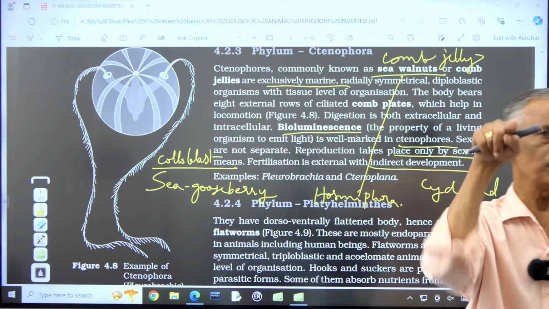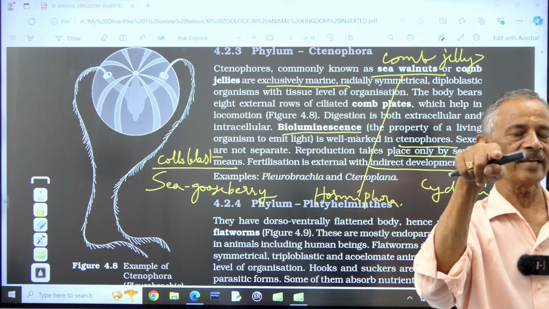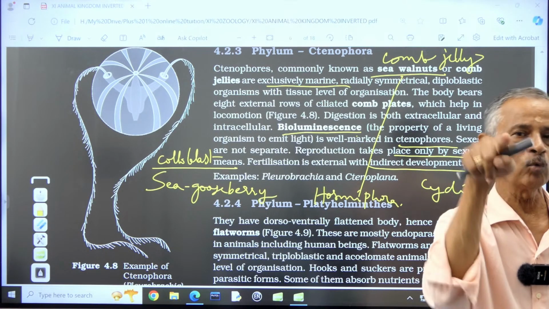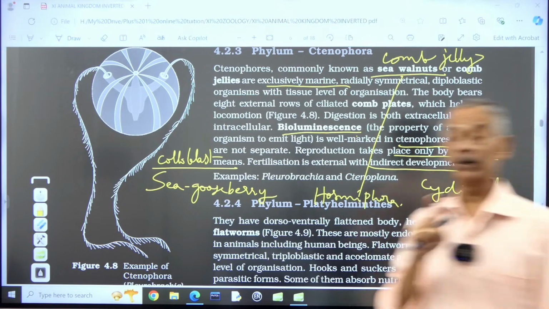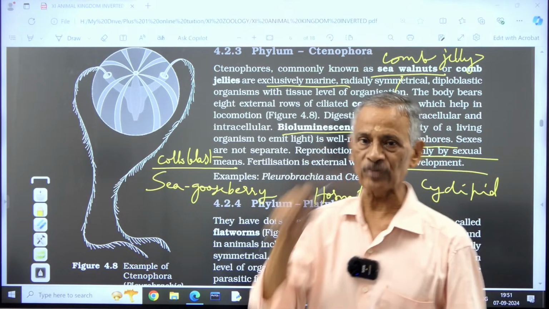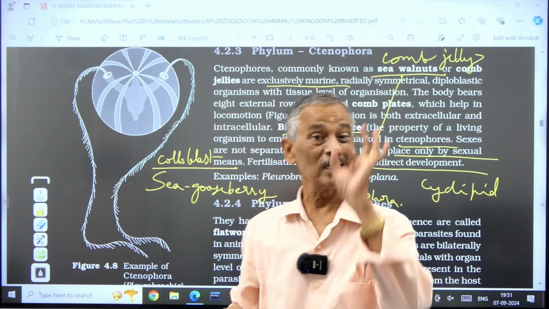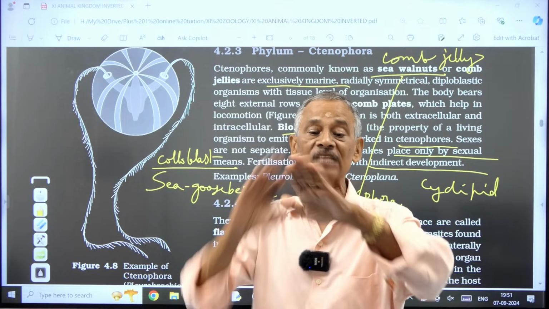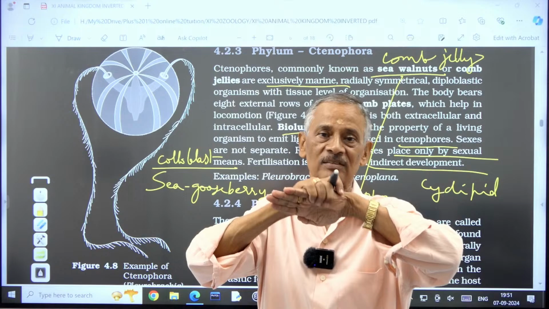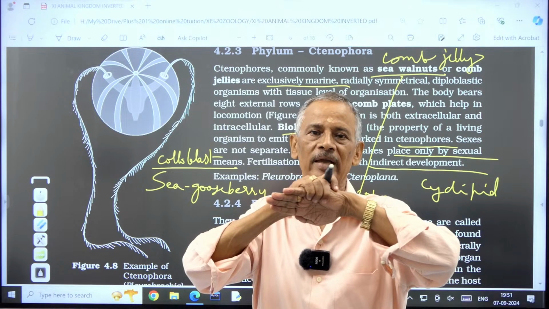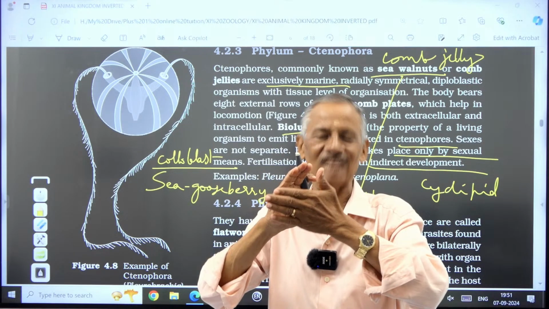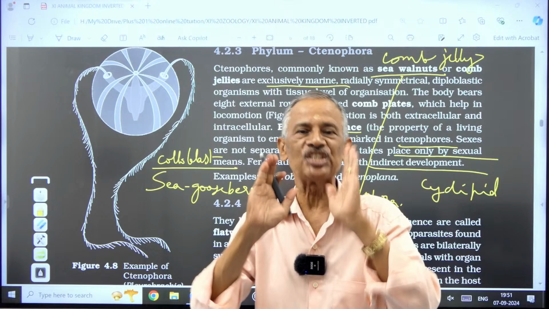Cnidoblasts are all piercing, used for injecting the poison like a syringe. But colloblasts are only sticky. It is only attaching, sticky, having gum-like attachment. Okay, that is what is called sticky.